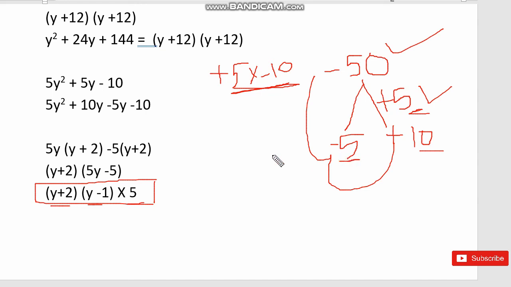In the second method, we can solve this as well. We can take 5 as a common factor from the given expression.